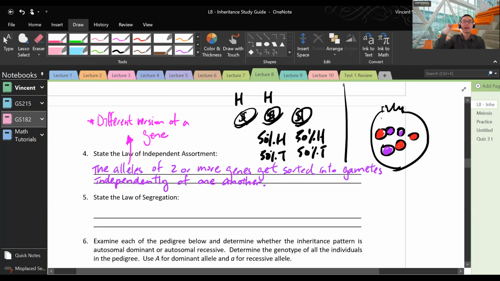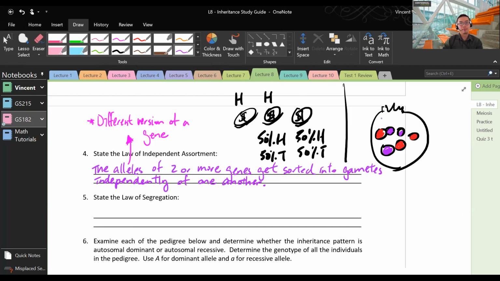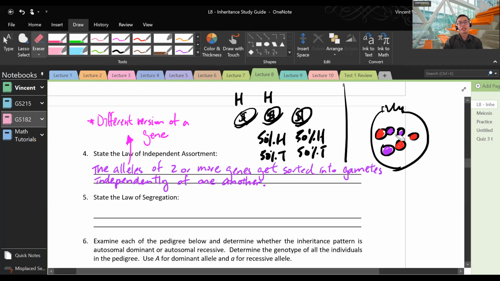You randomly pick out a ball. What's the chance that you're going to get a red ball? 50%, right? Because 3 out of 6 is red.